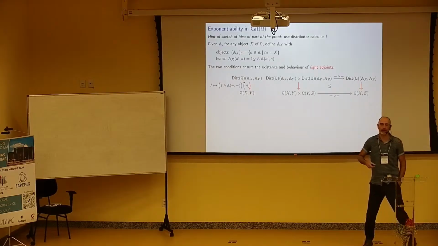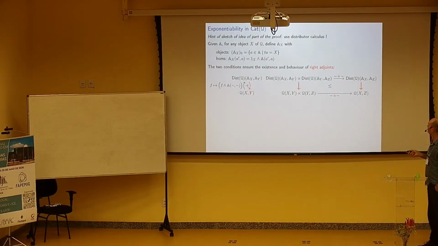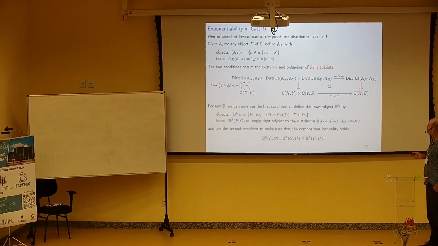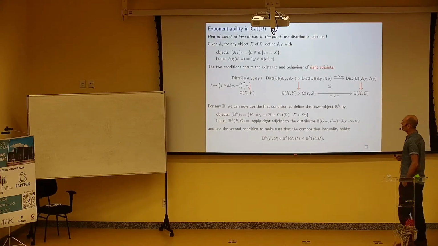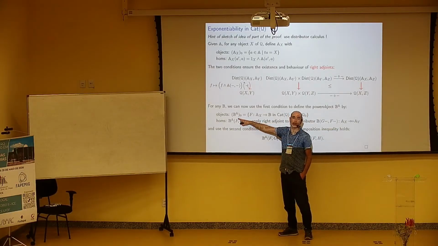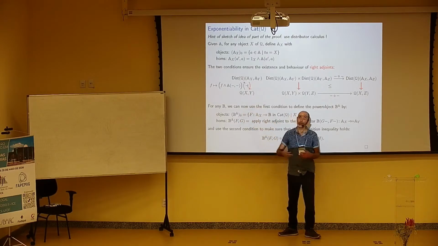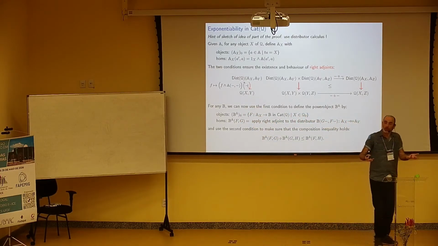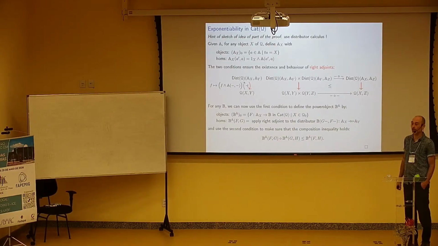They look very technical, these conditions, but they correspond to the existence of certain right adjoints and the behavior of these right adjoints. And with these right adjoints, you can only write one possible definition of the exponential object, a bit like with ordered sets and with metric spaces. And the conditions ensure that the only possible candidate for the exponential object, B to the power A, is indeed a category.